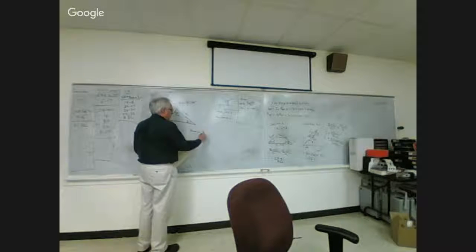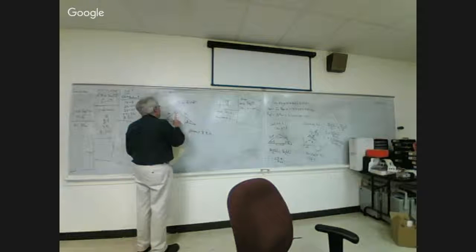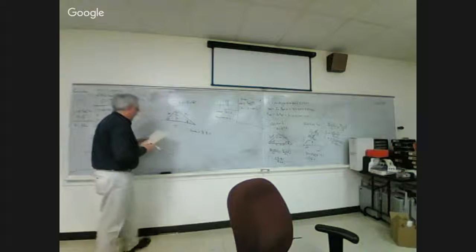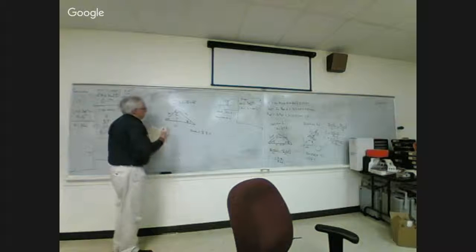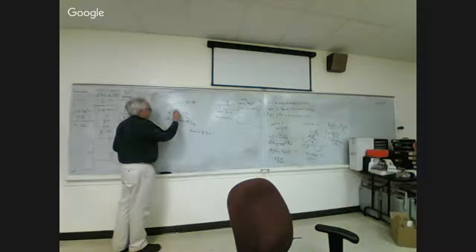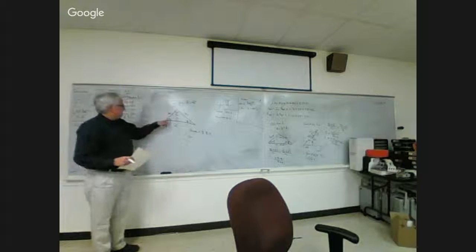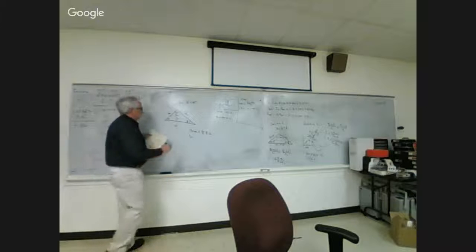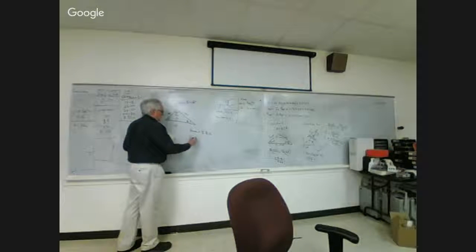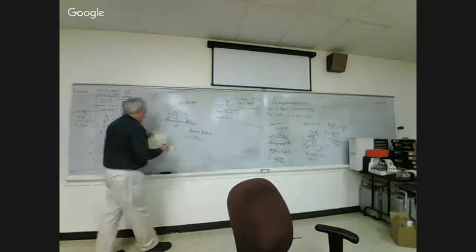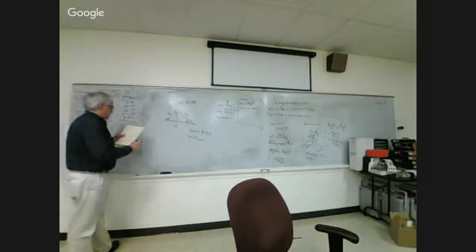Yes, 1/2 base times height, and then this would be the height. Is there a way that we could figure out what h was? It's b sine of A. So h is b sine of A.